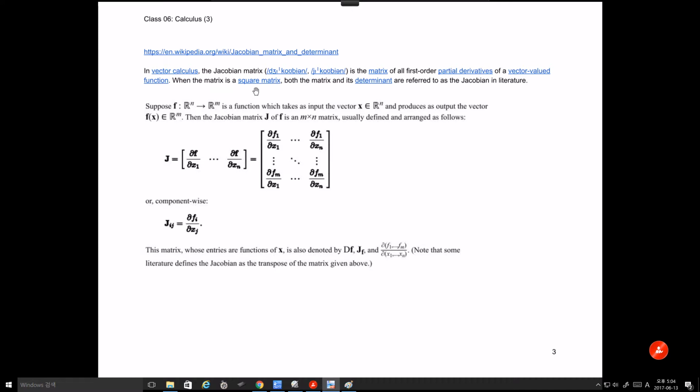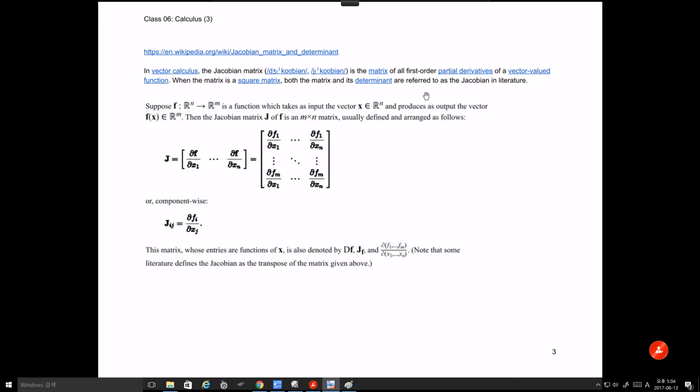When the matrix is a square matrix, both the matrix and the determinant are referred to as a Jacobian in the literature. So Jacobian can sometimes mean a matrix, or sometimes the determinant of the matrix.